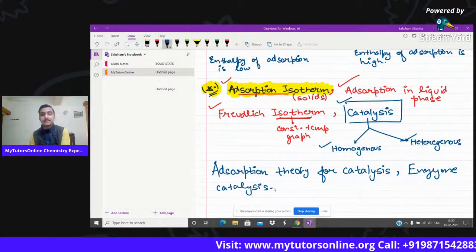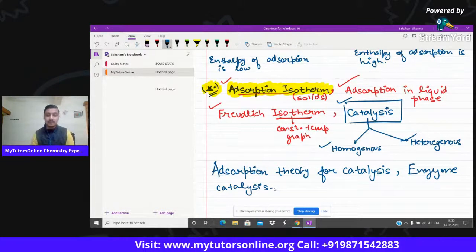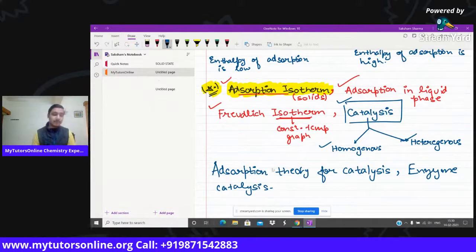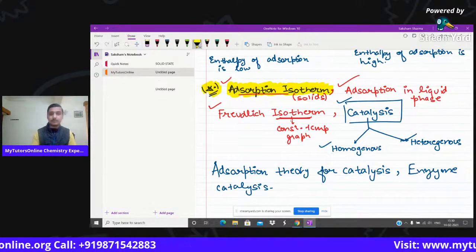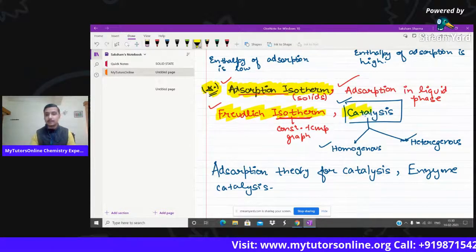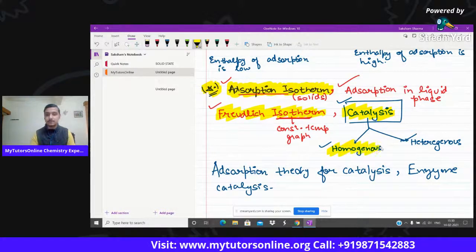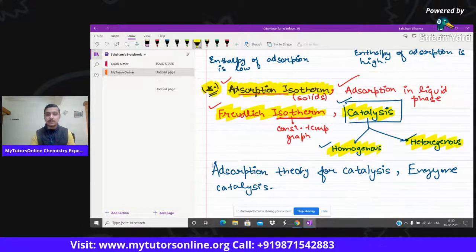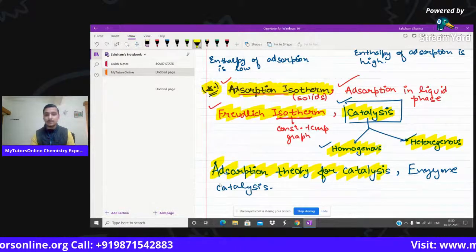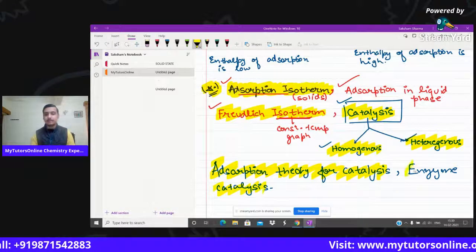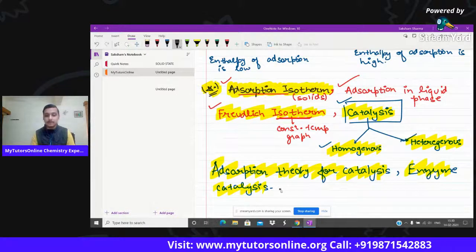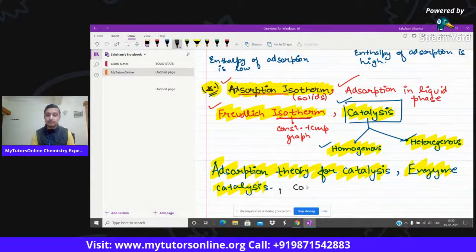These are some of the important topics I am trying to note down here for you all. So after that, this is important: Freundlich isotherm. Then catalysis, catalyst types, homogeneous, heterogeneous, and adsorption theory. Then enzyme catalysis. And the last and most important topic of this chapter is colloids.